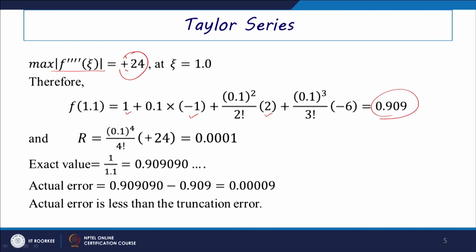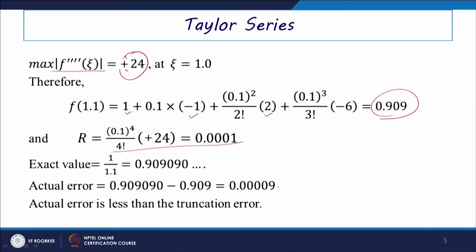So that is why we write this total product term as plus here. So the exact value, if you go for this computation as 1 by 1 plus 0.1 here, that is nothing but 0.909090 here, and the actual error can be computed as 0.909090 minus 0.909, this equals 0.00009 here. The actual error, if you see here, is less than the truncation error here.